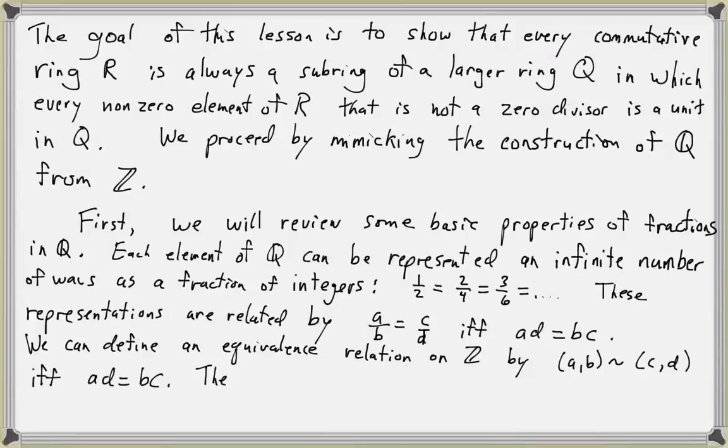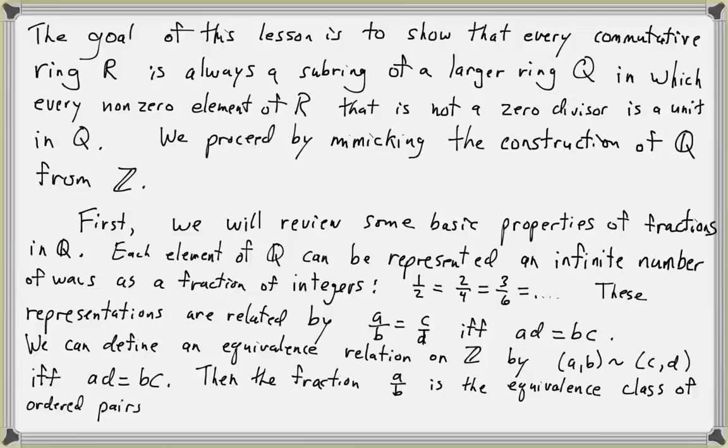Then we look at the fraction A over B as an equivalence class of ordered pairs (A, B) of integers with B not equal to 0.